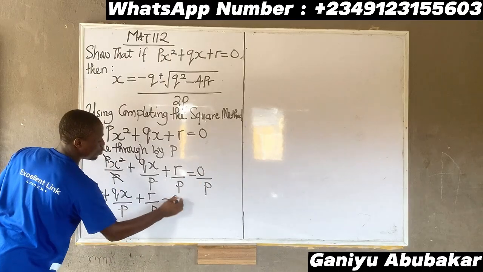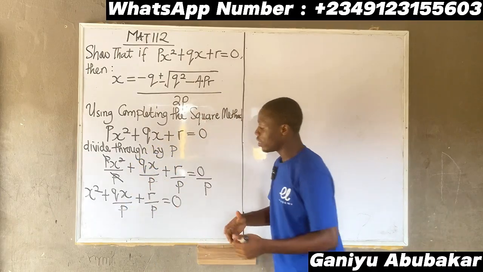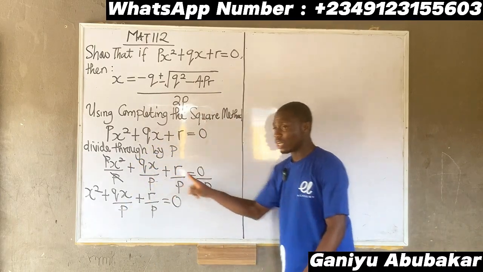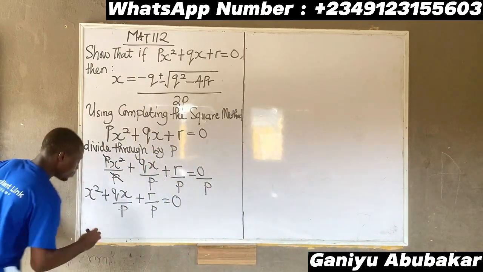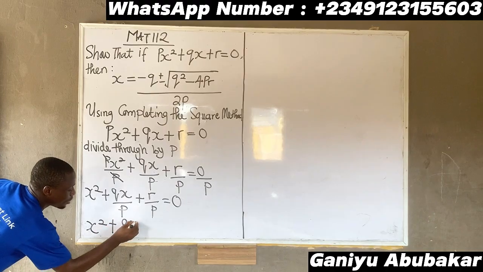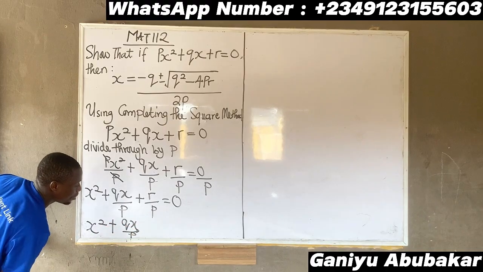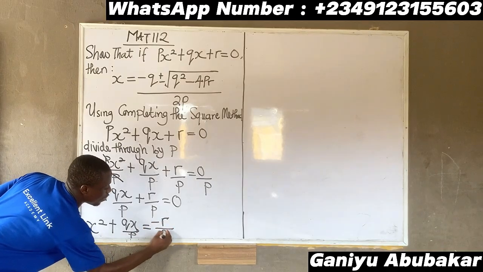Next step, we said take this one to the other side. That gives you x squared plus qx over p equal to minus r over p.